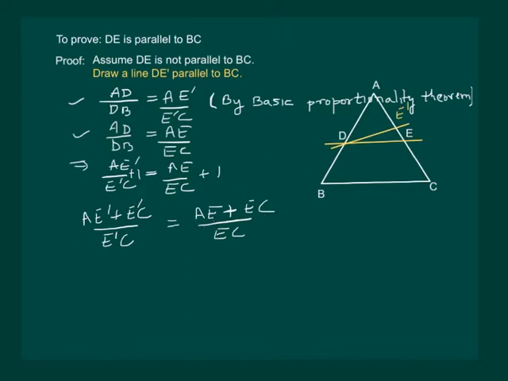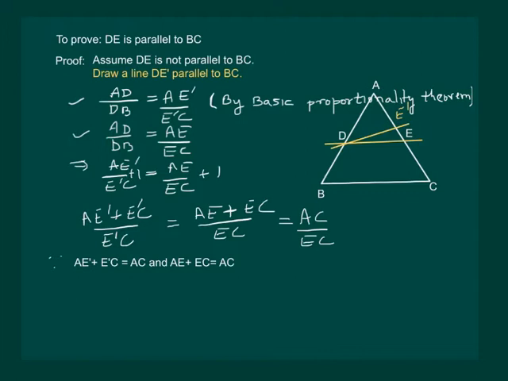AE plus EC means AC, while AE dash plus E dash C should also be equal to AC. This means E dash must coincide with E.